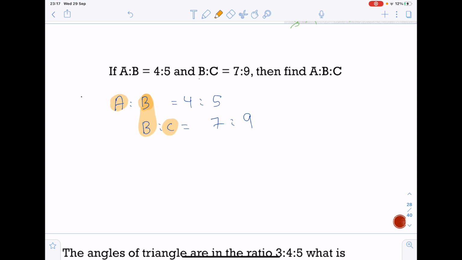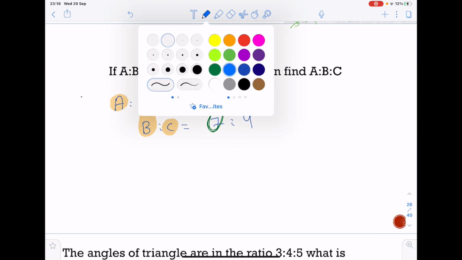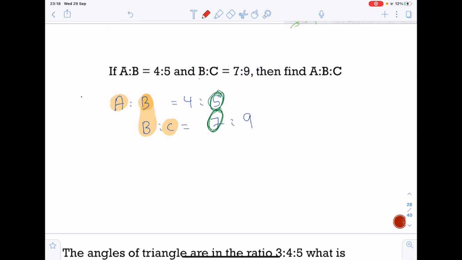Okay, but I can't write this right away because I have here a different middle value, as you can see. So I'm trying to make the middle values the same. So all I have to do here is to multiply all these values by 7, and multiply all these values by 5. So let's rewrite this after multiplying. So A to B equals 28 to 35.